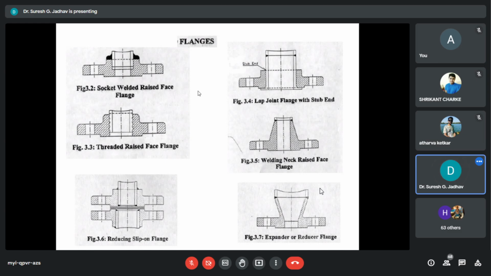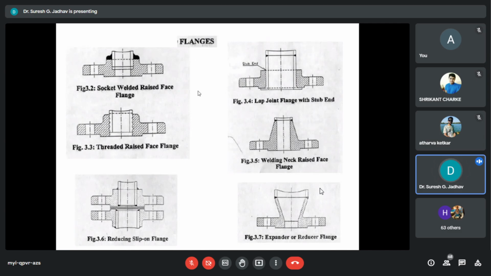Next one is welding neck flanges. Welding neck flanges are attached by butt welding to the pipes. These are used mainly for critical services where all the weld joints need radiography inspection.